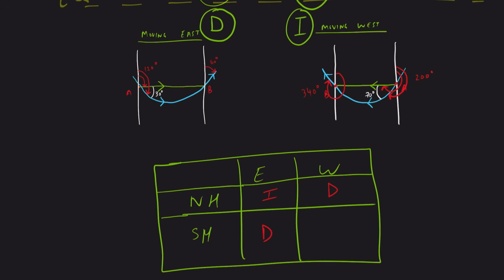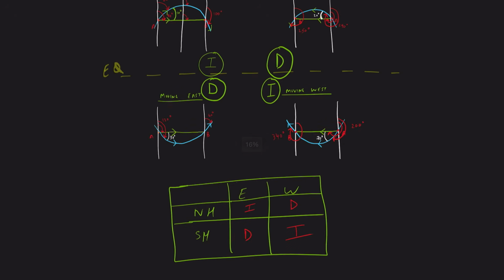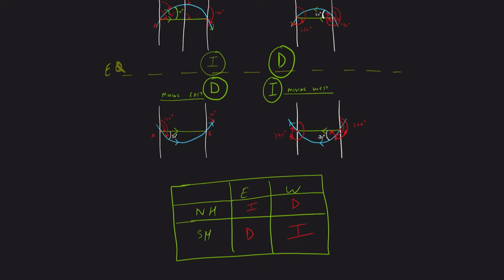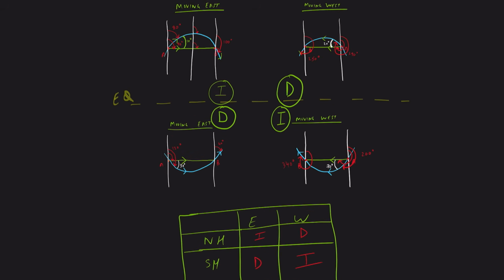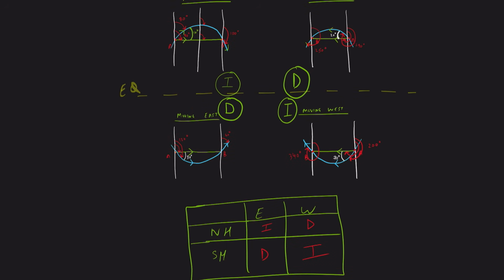And when we were moving west in the southern hemisphere, the great circle bearing was increasing. So IDDI. And we also saw that the difference in great circle bearings at departure and destination is my convergency, and half of it is my conversion angle.